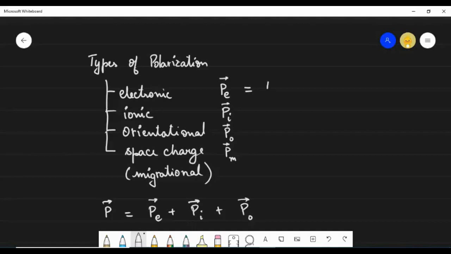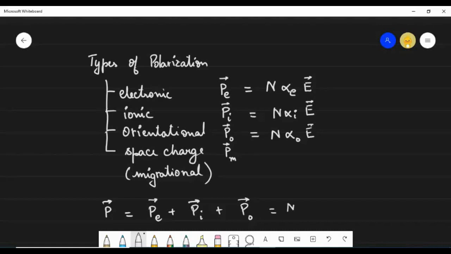If N is the total number of atoms or dipoles within unit volume of the given material, then electronic polarization Pe is given as N alpha E times the applied electric field E. Similarly, Pi is N alpha I times the applied electric field, and Po is N alpha O times the applied electric field. As I told earlier, N denotes the number of atoms per unit volume and E is the applied electric field.